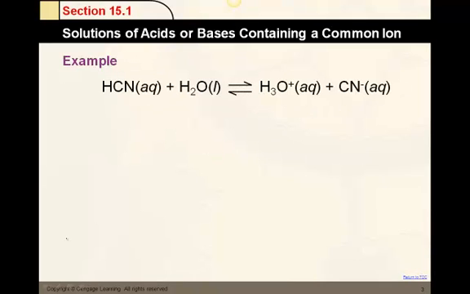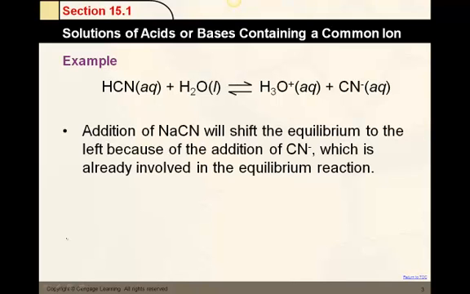So for example, here is HCN and water producing the hydronium ion and CN negative. If I add NaCN, when I write it out, it is Na positive and CN negative.